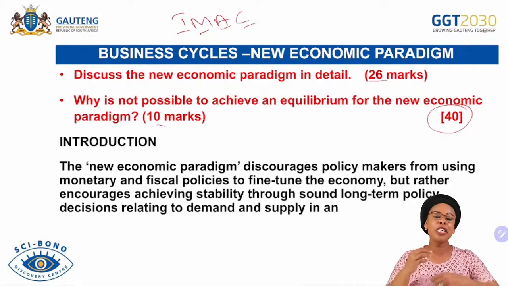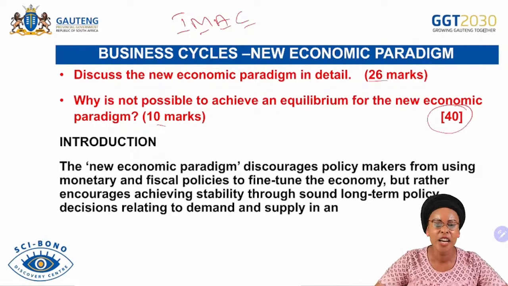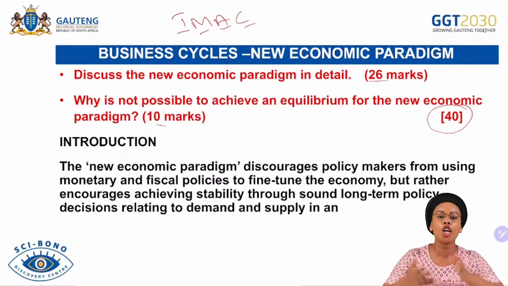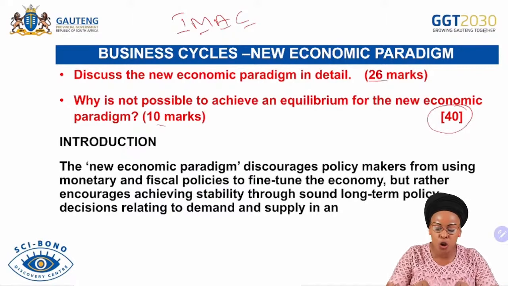When you start, you need to start with an introduction, a simple introduction. You can describe what a demand side policy is, or a supply side policy, or what the new economic paradigm is. But you look at the question for you to decide.